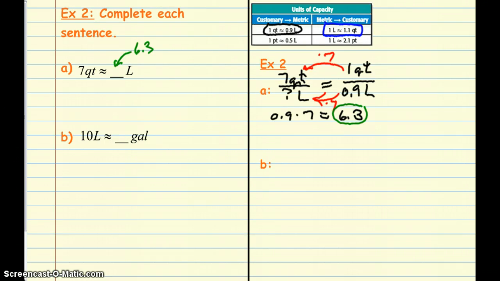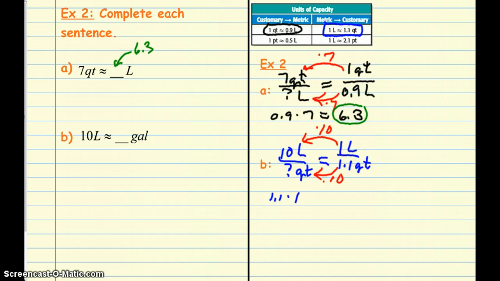The first thing I'm going to do is change 10 liters into quarts. We found in the table that 1 liter is equal to about 1.1 quarts. Again, 1 times 10 is 10, so we do 1.1 times 10, and we get 11. So 10 liters is 11 quarts.